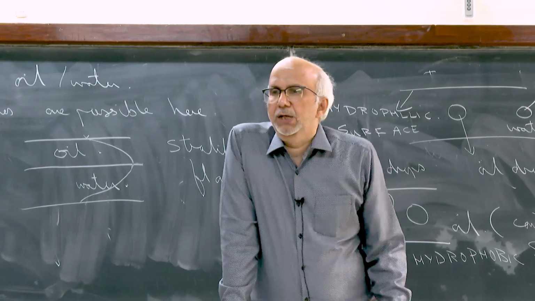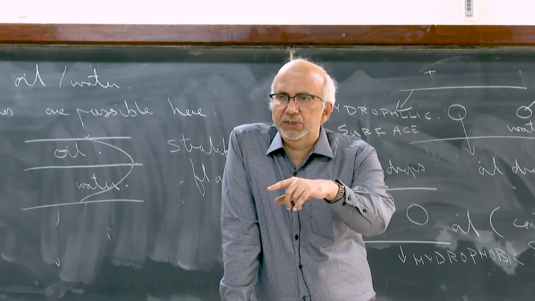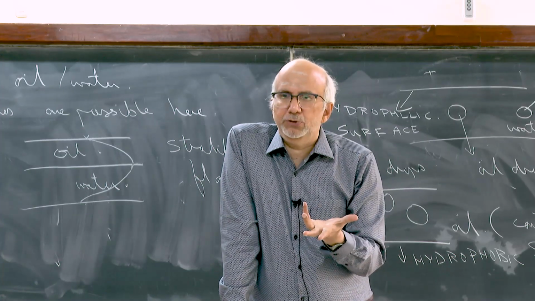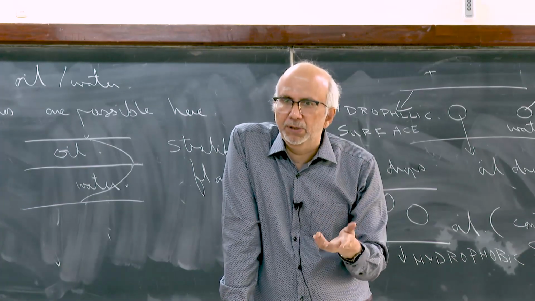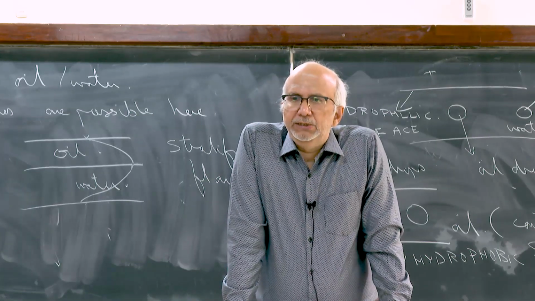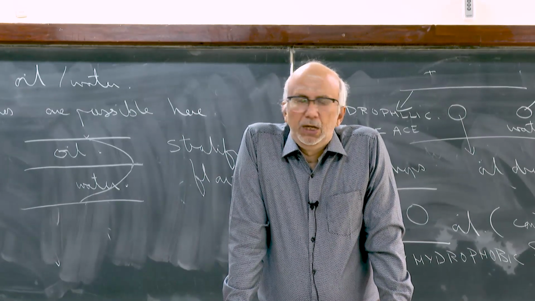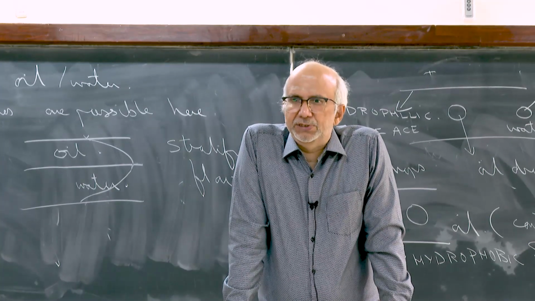So the Reynolds number is the ratio of inertial to viscous forces, but now surface tension force also has to come in, and then I will have a number like a capillary number or a Weber number, where I talk about ratios of viscous forces to inertial forces to interfacial forces.